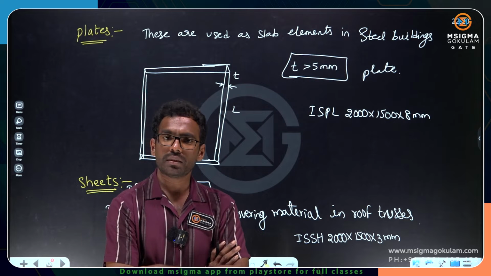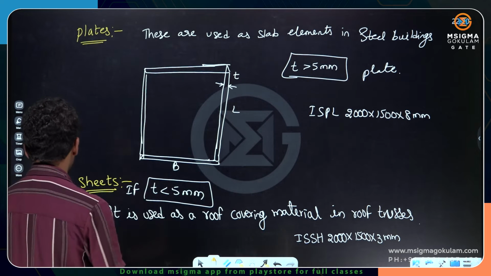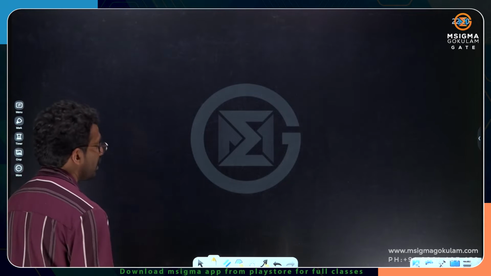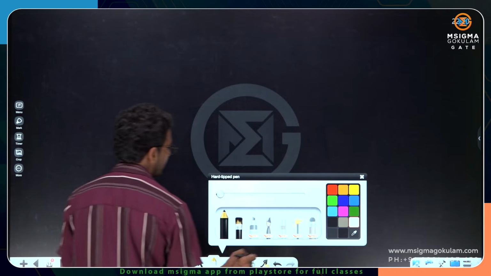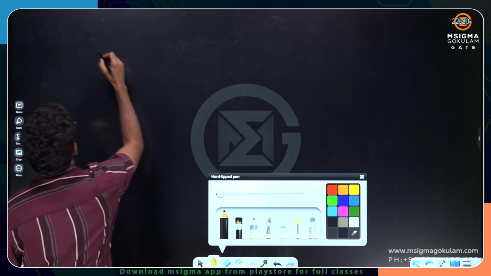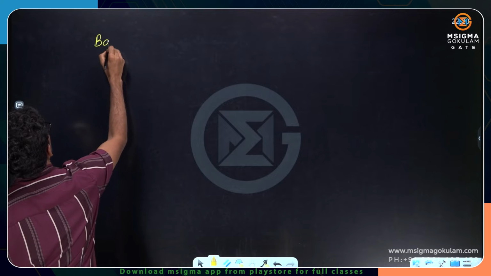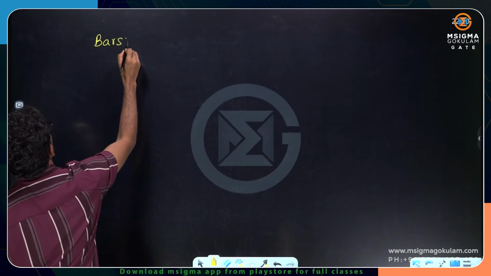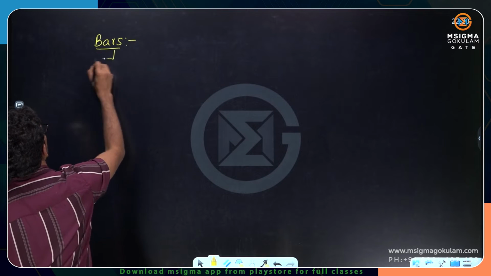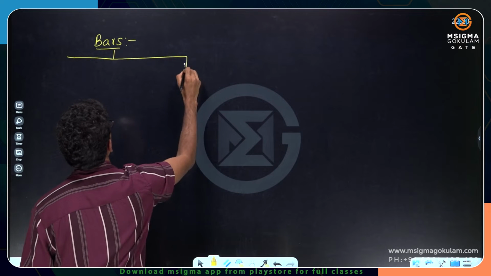Now let us move on to the last one, bars, Indian Standard rolled steel bars. When can we call them bars? Bars are of two types actually. One is the round bars, the other one is the square bars.